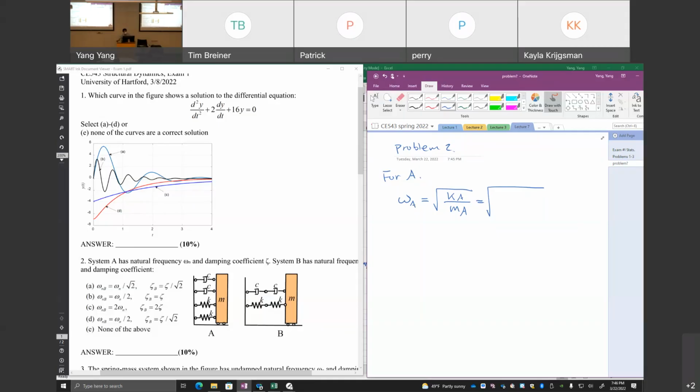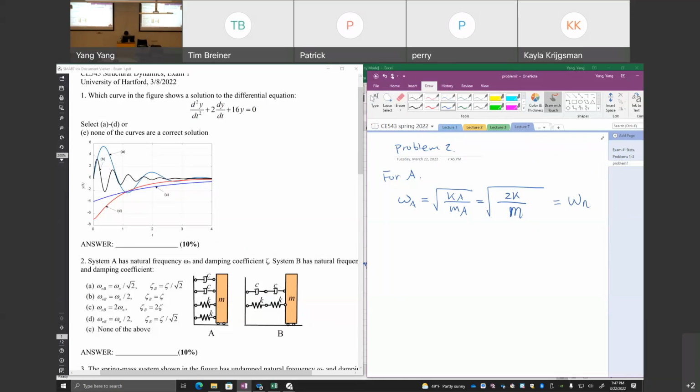So what is the stiffness for system A in this case? 2 times K. And the mass is M, and we know that this is equal to omega n, given to us.